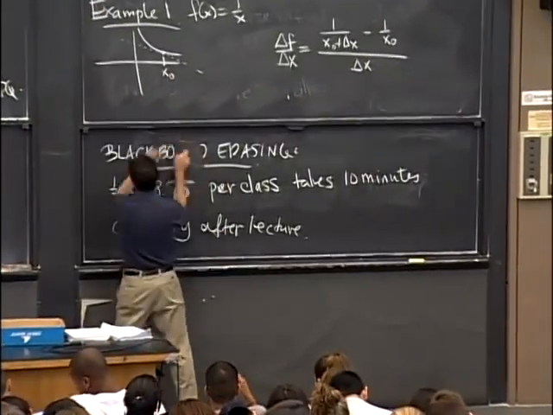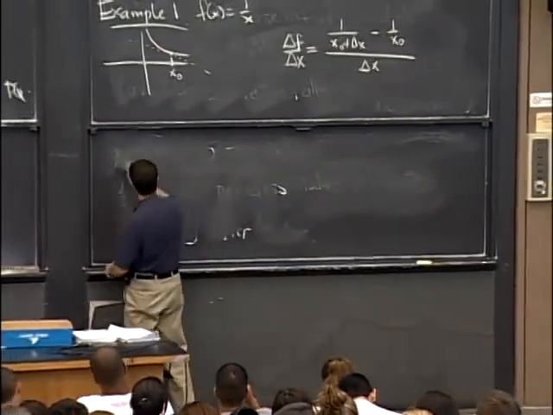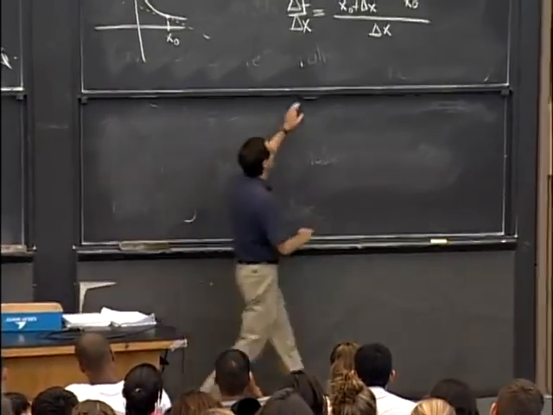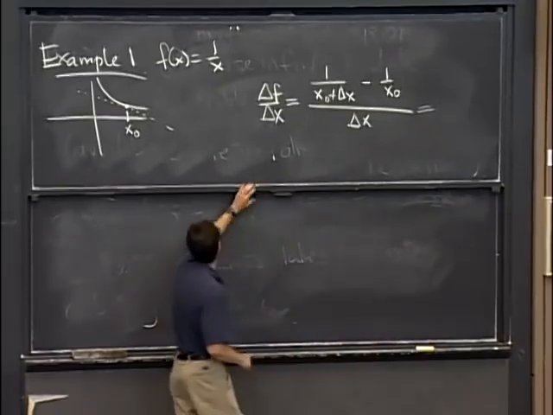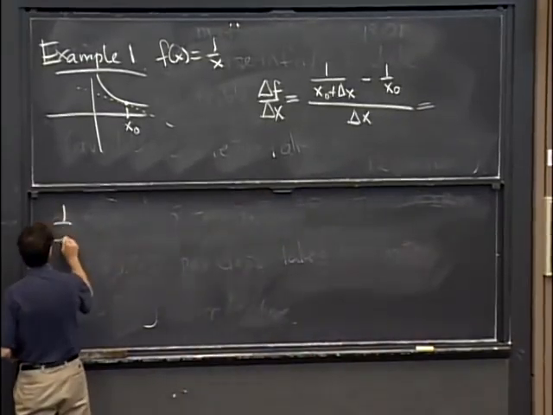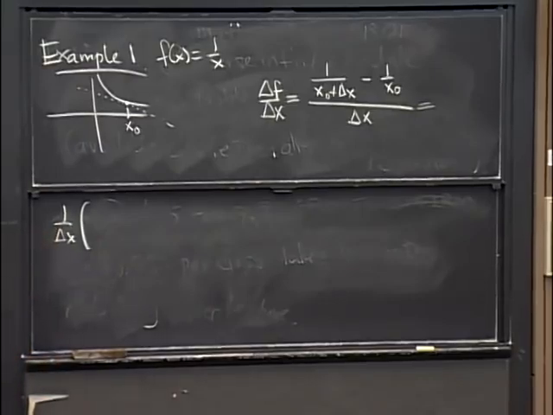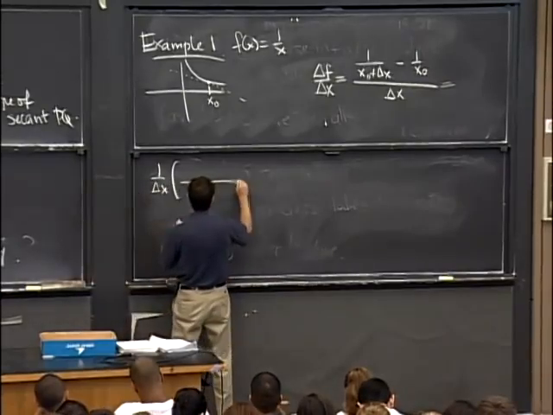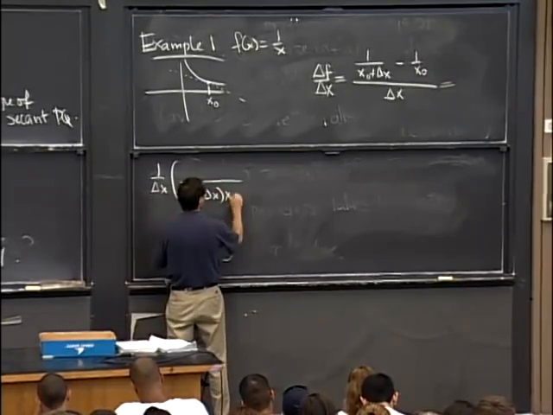Okay, so now we're going to simplify it by some algebra. So let's just take a look. This is equal to 1 over delta x times, now all I'm going to do is put it over a common denominator. So the common denominator is x0 plus delta x times x0.